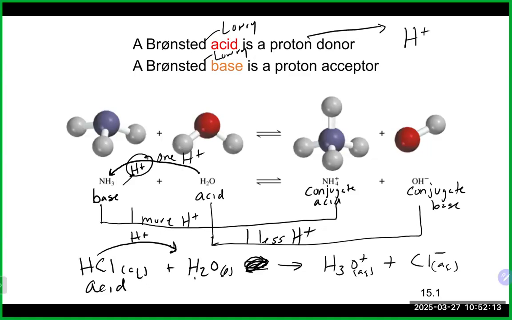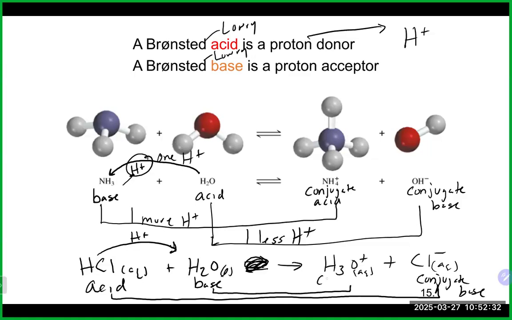Water in this case is going to be the base, since it accepts the H plus. And that will create our partner on the other side for HCl, which is the Cl minus. This is our conjugate base. And our water's partner on the other side would be our conjugate acid, which is our H3O plus. Once again, it is only a difference of one H plus.